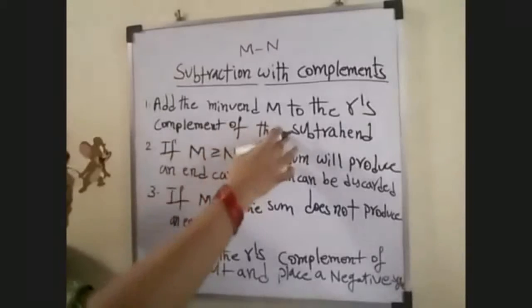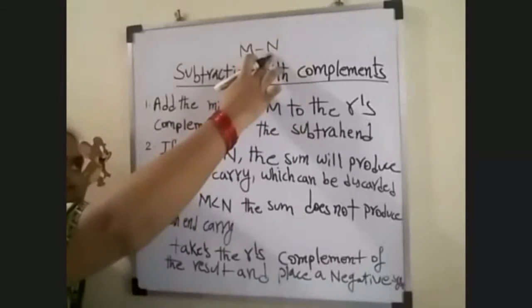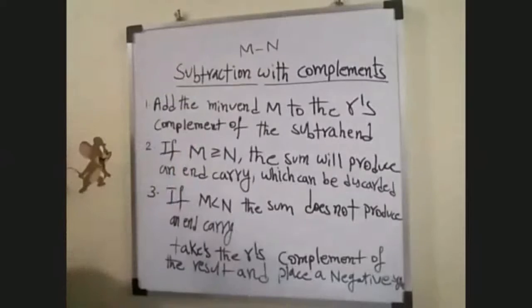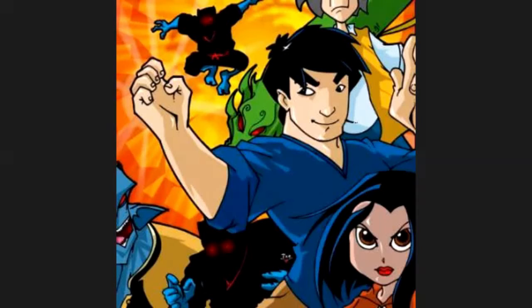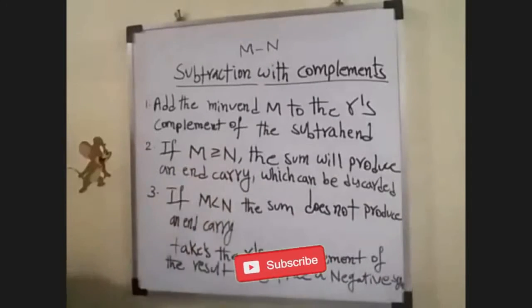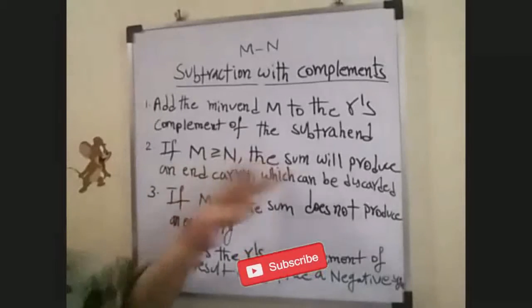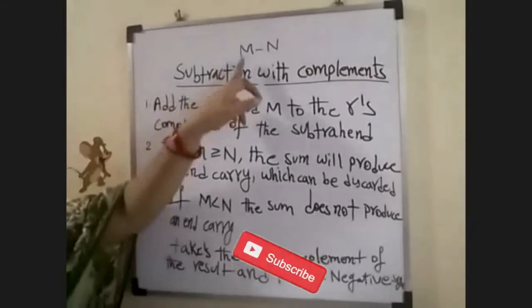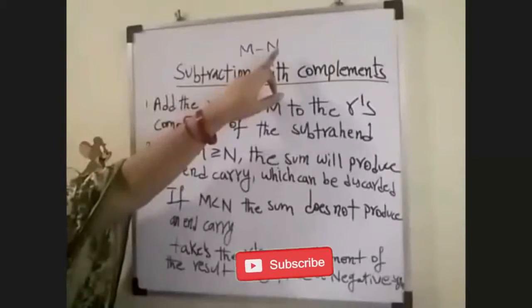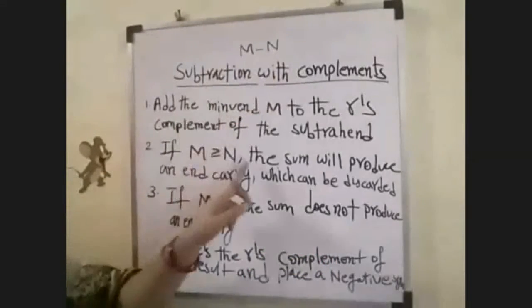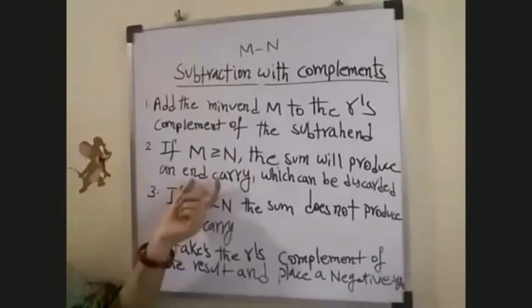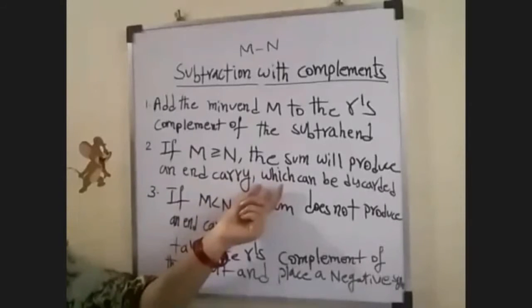That means you have to take the complement of N and add it to the minuend. If M is greater than or equal to N, the sum will produce an end carry. So that end carry we can remove, and the remaining is the result.